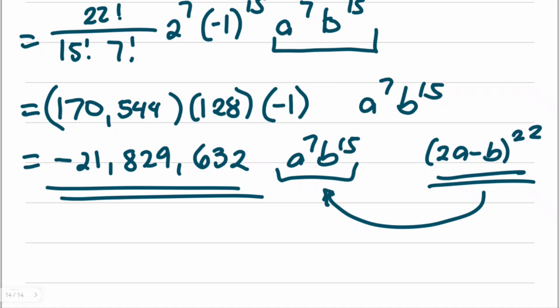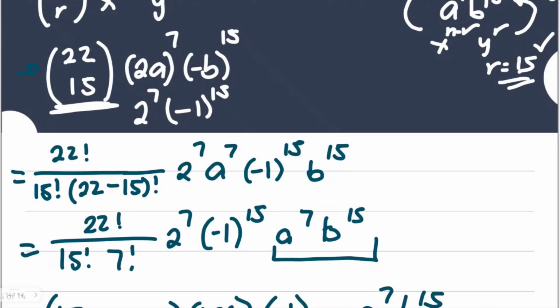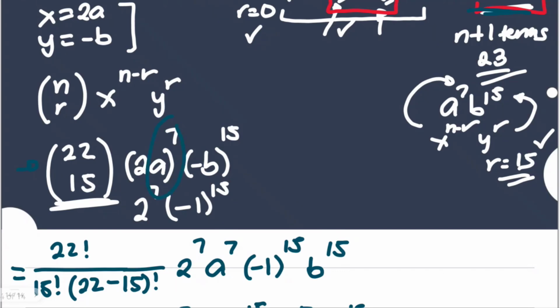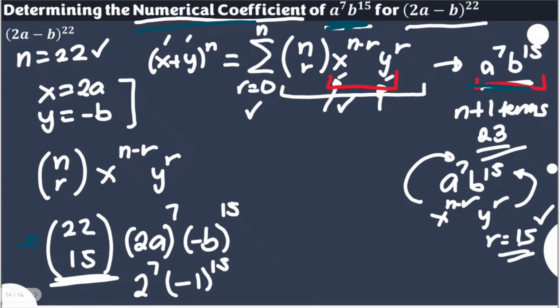We are doing this clearly to make us realize that we are not just getting a to the power of 7 and b to the power of 15, since our terms are 2a and negative b respectively. So the x is 2a, so include the numerical coefficient raised to 7 together with minus b raised to the power of 15. That will be the correct answer for this item.